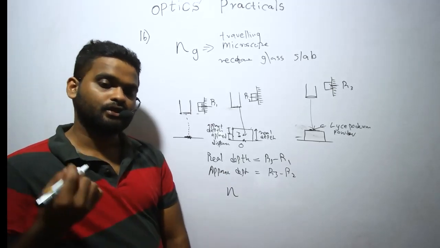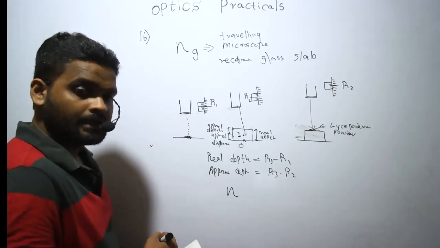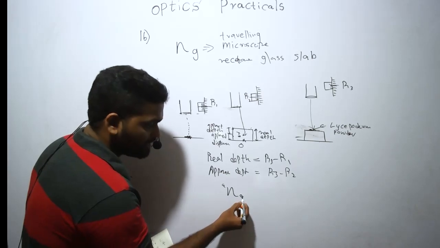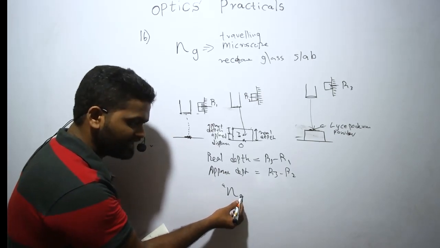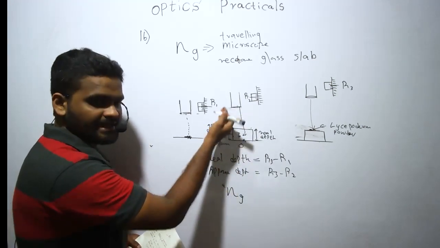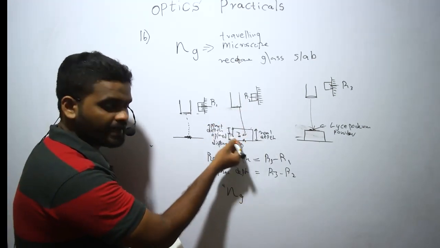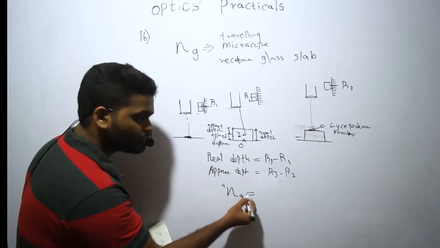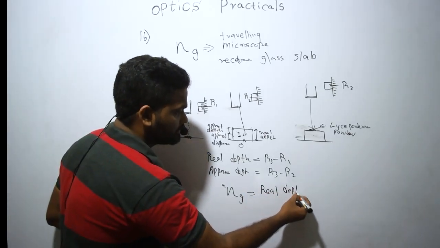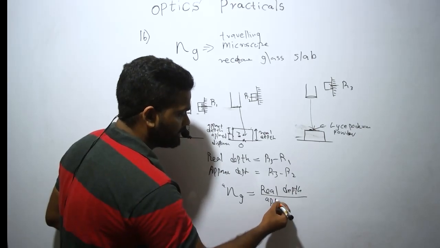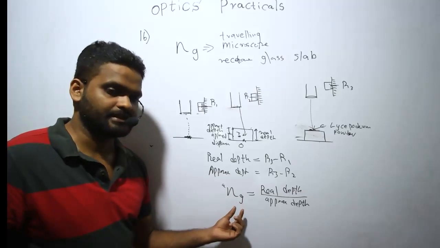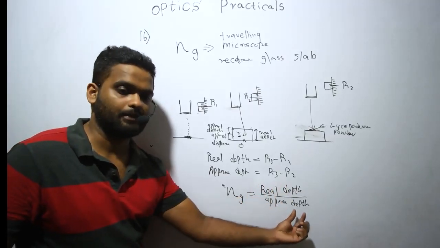Then you know that theory. Refractive index of glass relative to air, because it is at air and we are finding the refractive index of glass, is equal to what? Real depth divided by apparent depth.